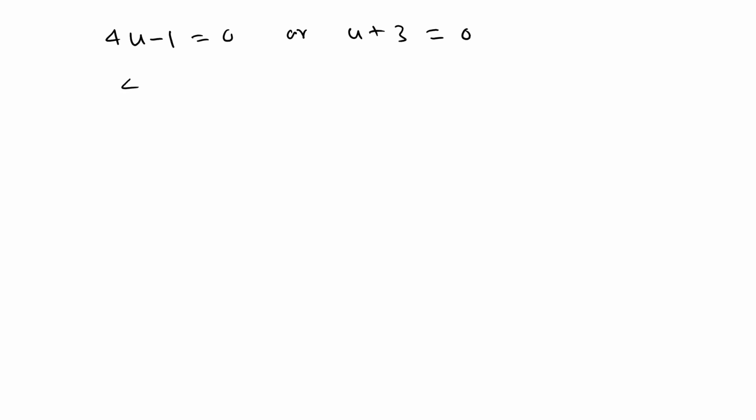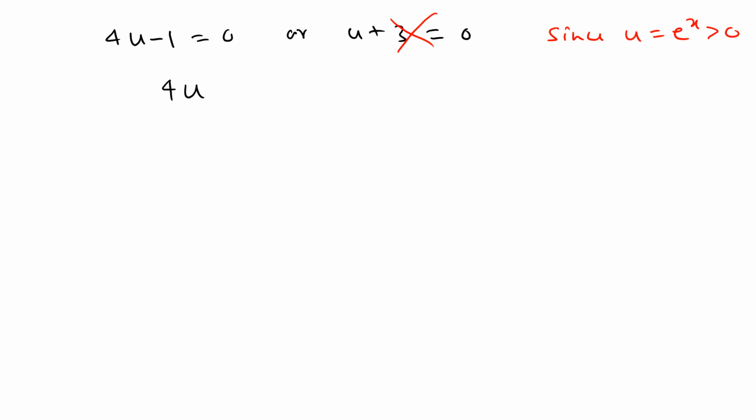The same argument applies: since u equals e to the x, which is positive, u plus 3 cannot be 0, because when you add 3 to a positive number, there's no way it can be 0. That means that's an extraneous solution, so we can remove it. So we only have one solution.